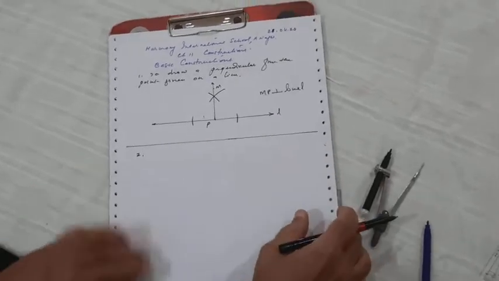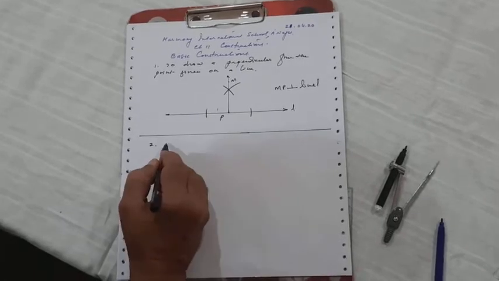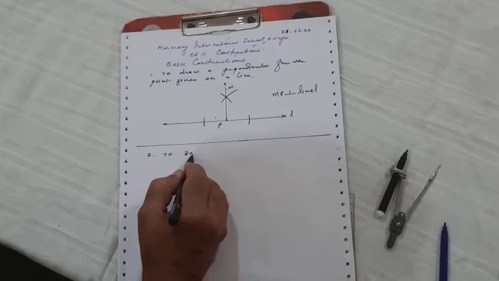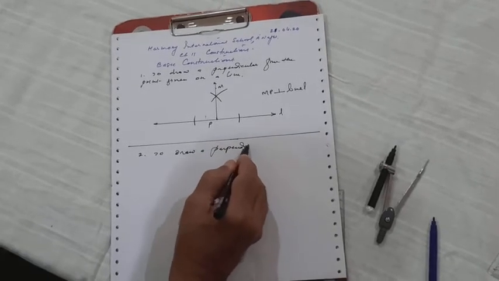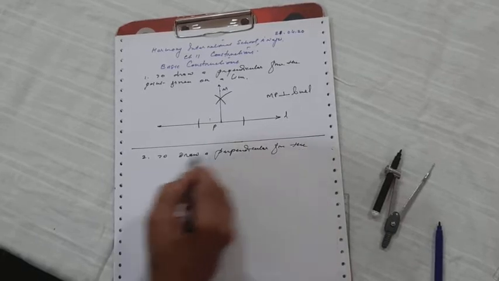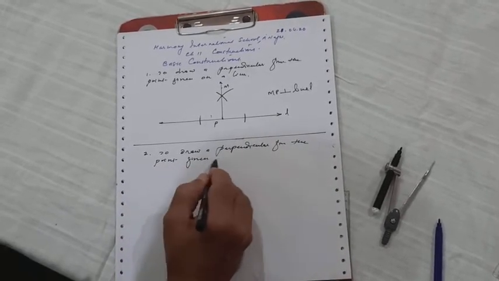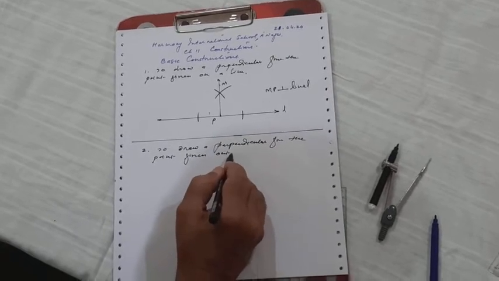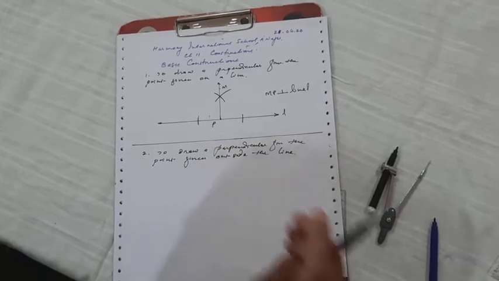Same perpendicular we will draw. Now the point will be outside the line. So to draw a perpendicular from the point given outside the line, any point.